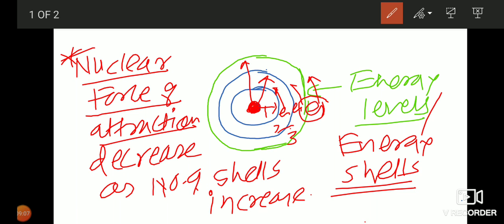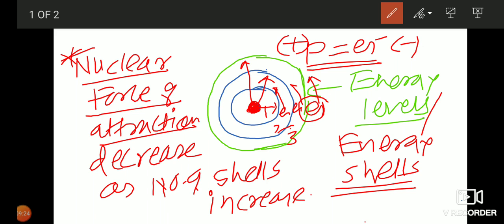After that, students, we have to understand one more point. As you know, the number of protons is equal to the number of electrons, correct. You know this theory. Protons are positively charged and electrons are negatively charged, correct. These points help us understand the nature of the atom.